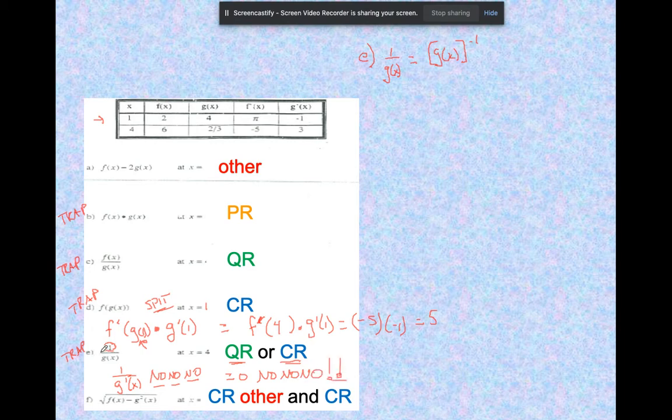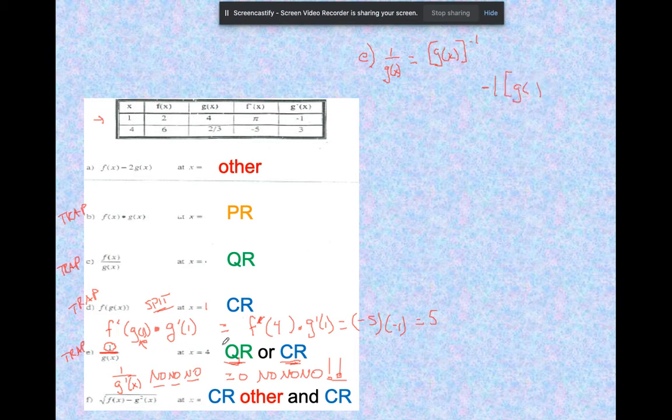If you see a quotient, you must either use the quotient rule or unquotient it and create yourself a chain rule problem. So if I want to take the derivative of this chain rule, I'll do it both ways. So I'm going to bring the -1 down, copy over the middle.